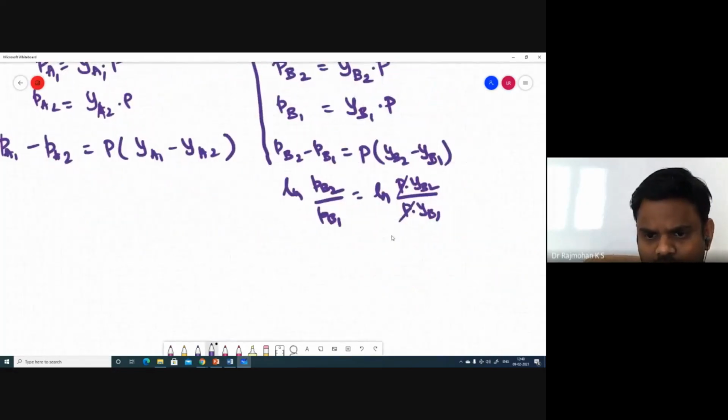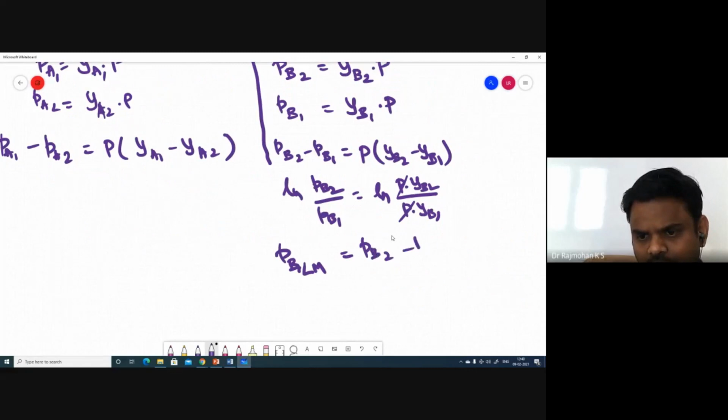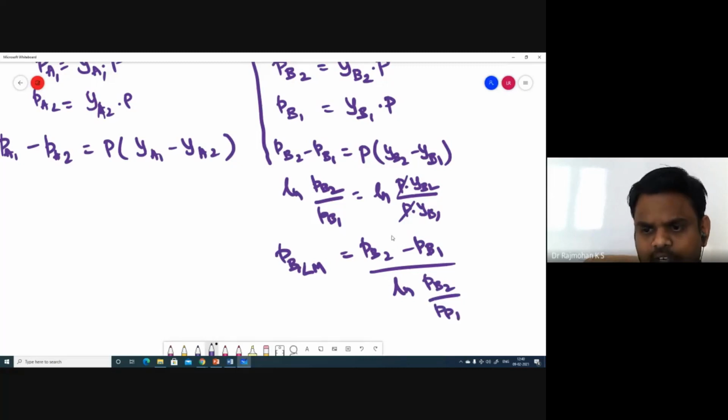So what is PB logarithmic mean? PB logarithmic mean is equal to PB2 minus PB1 divided by ln of PB2 by PB1.